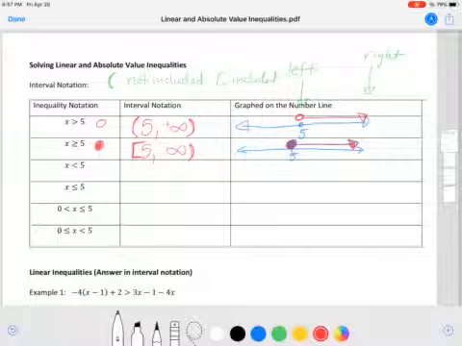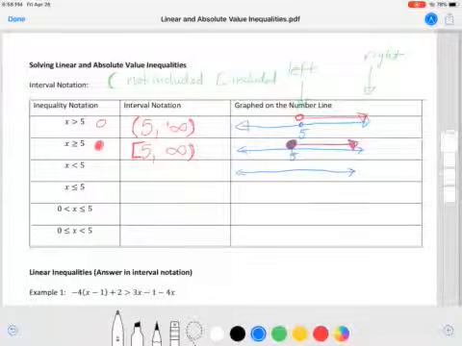So you can see it kind of looks like how we write an ordered pair, but just keep in mind interval notation represents an interval, not a point. So it's a whole bunch of numbers, not just one specific point on the graph. For this next example, if I look at 5 on my number line, it says x is less than 5. So this time, I don't want to include 5 because I don't have my equivalent sign under there.